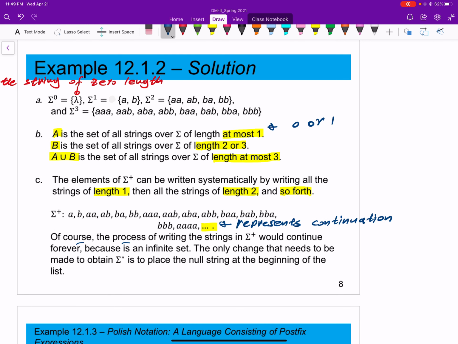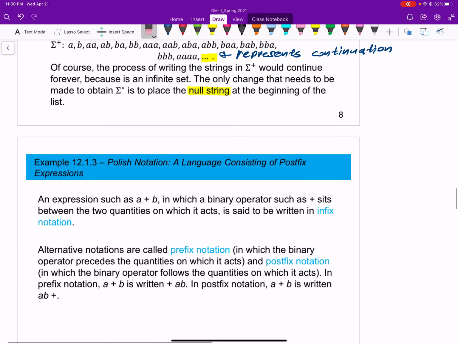Of course, the process of writing the strings in sigma plus would continue forever because it is an infinite set. The only change that needs to be made to obtain sigma asterisk is to place the null string at the beginning of the list. You only have to include the null string to sigma plus.